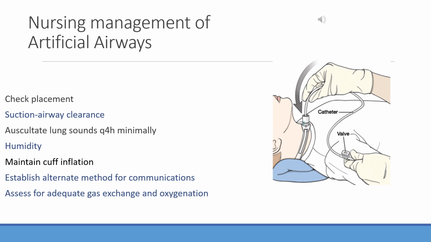And again, the trach will need some sort of humidification. We want to maintain that cuff inflation to make sure that the tracheostomy tube stays in place. Establish alternate methods for communication because, again, they cannot speak with the tracheostomy tube in place. And we always need to remember to assess for adequate gas exchange and oxygenation.